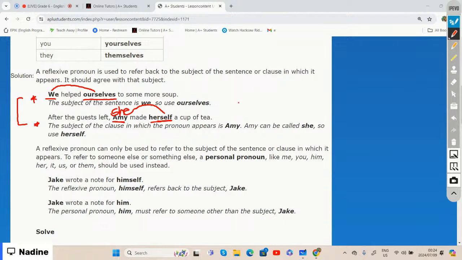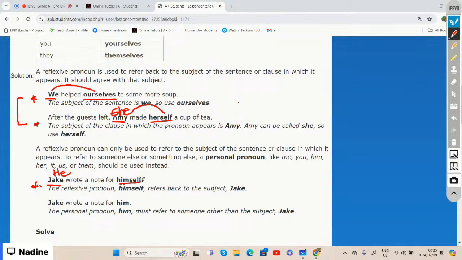But now, if we look at the personal pronoun, remember, we said a personal pronoun refers to someone else or something else, instead of just yourself. It says, Jake wrote a note for himself. So Jake, who is a boy, which is he, wrote a note for himself, right?